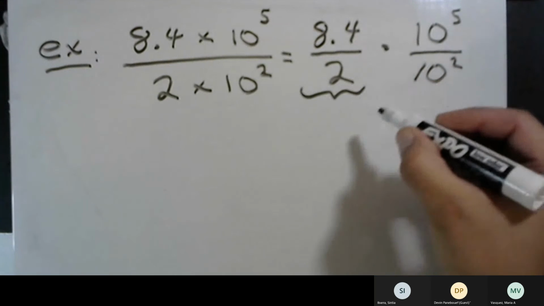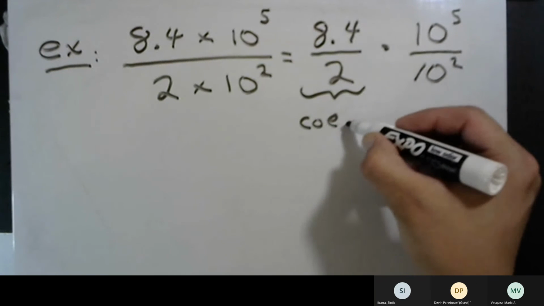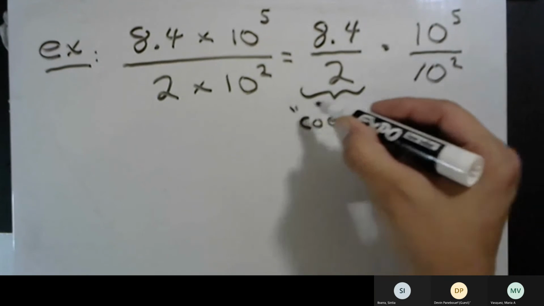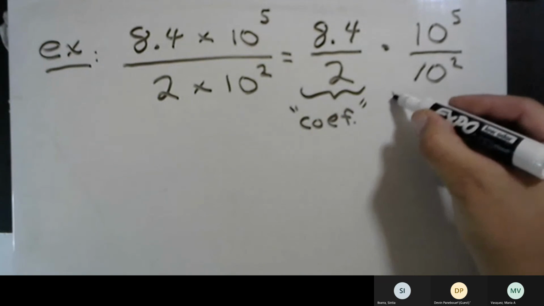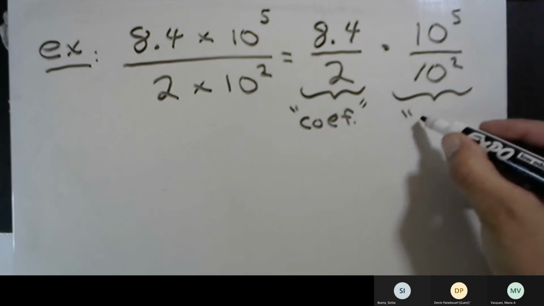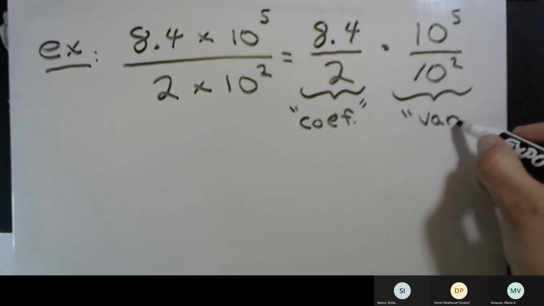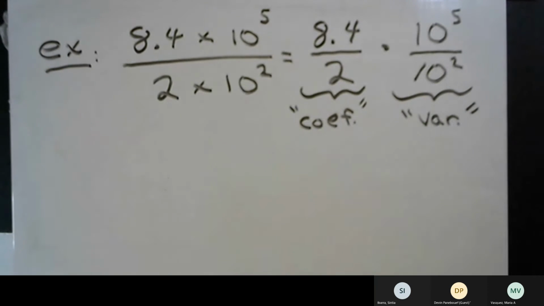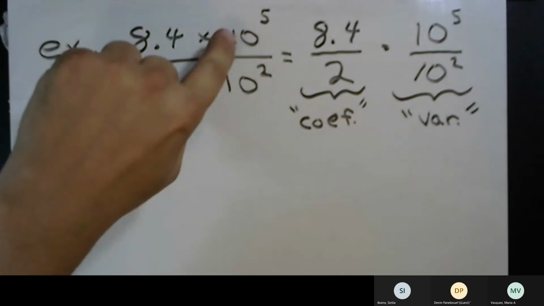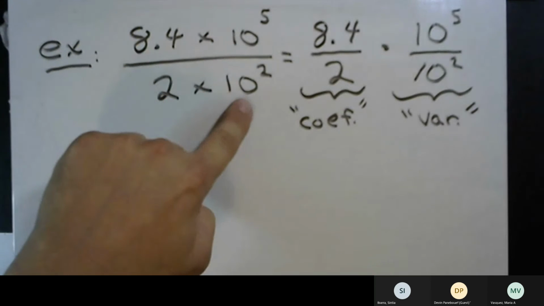And before, again, this would be the coefficient fraction, and this would be the variable fraction. So we're going to break it up like that. Again, we're treating the powers of 10 like they're variables. So this is like x to the 5th, x to the 2.